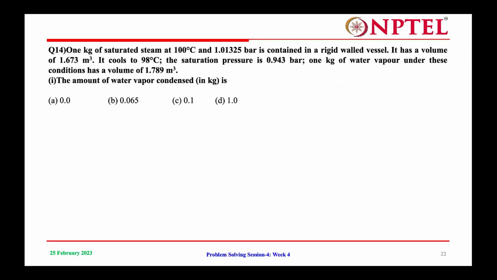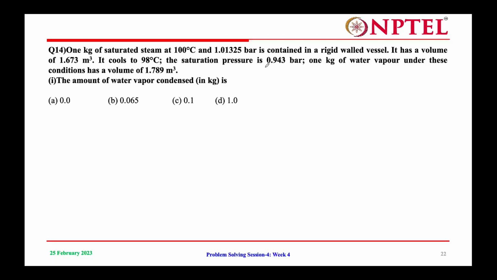Now question number 14. 1 kg of saturated steam at 100 degrees Celsius and pressure 1.01325 bar is contained in a rigid wall vessel. It has a volume 1.673 meter cube. It cools to 98 degrees Celsius.